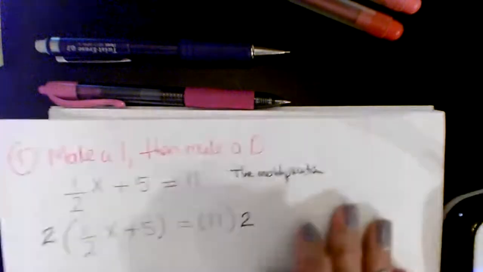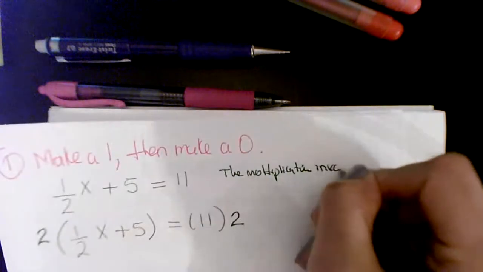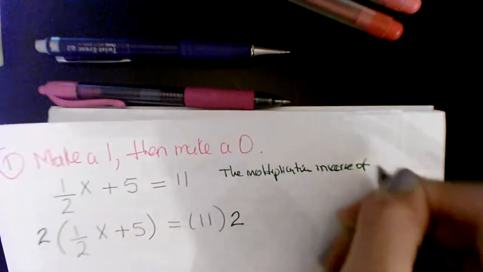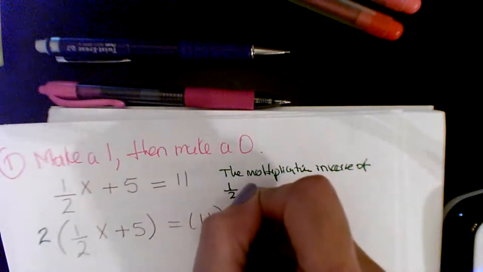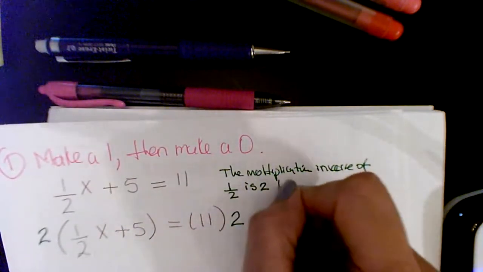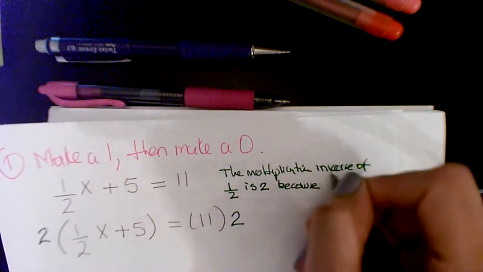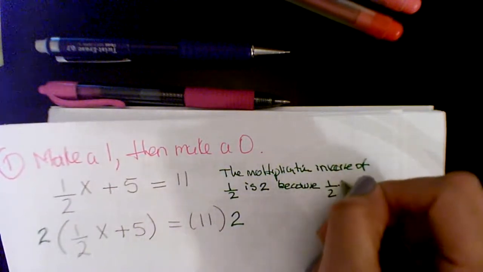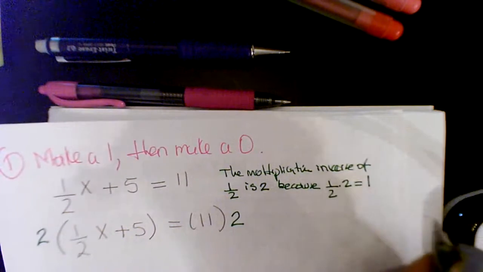The multiplicative inverse of 1/2 is what? Is 2. Because we know that 1/2 times 2 is going to be 1.